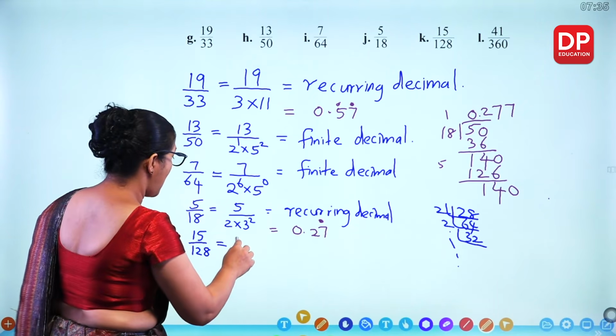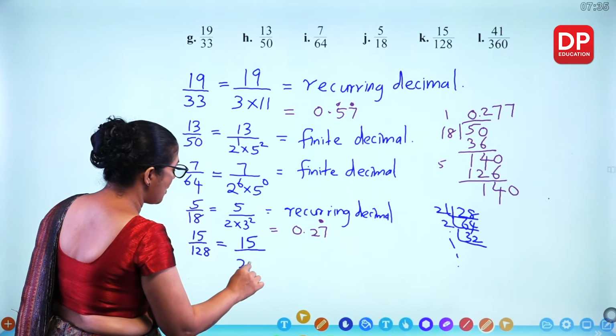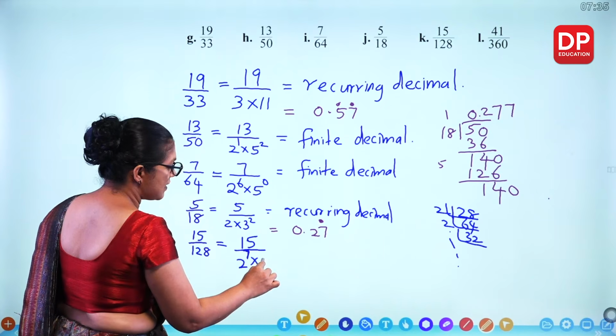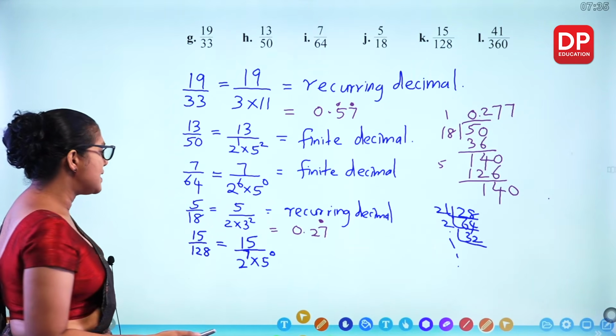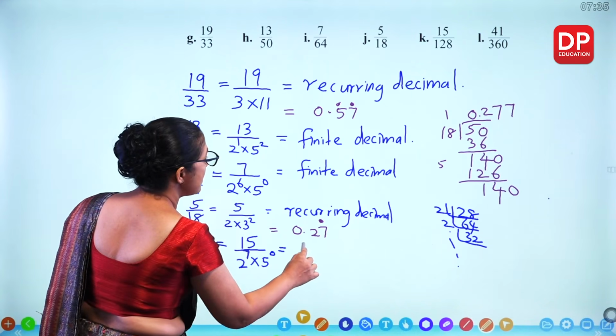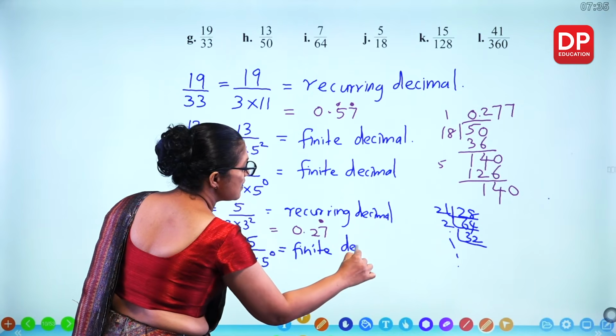What's the power? I can write 128 as 2 to the power 7. And instead of this, I can just write 5 to the power 0 because 5 to the power 0 is 1. You can write in this form. This is a finite decimal.